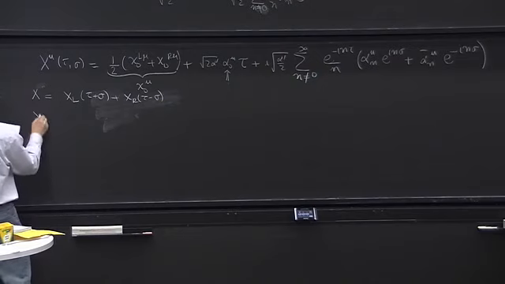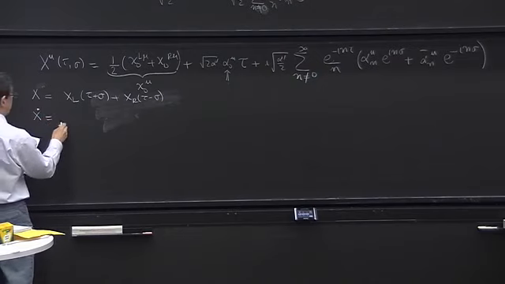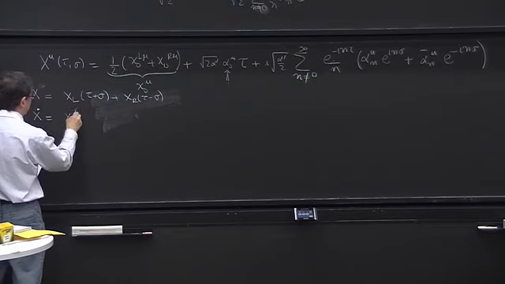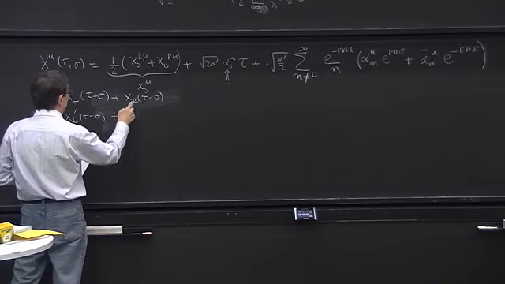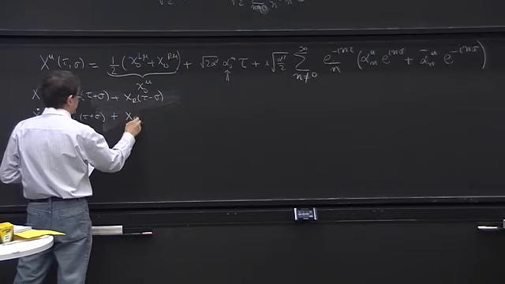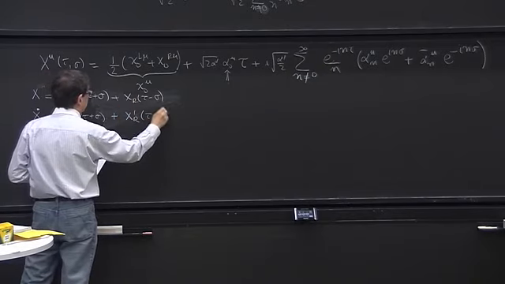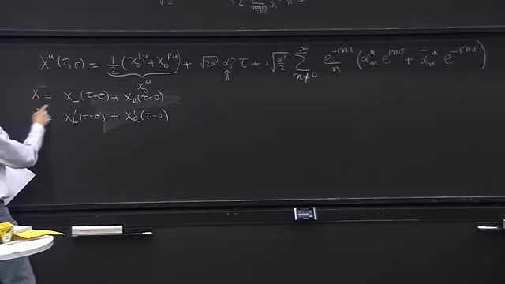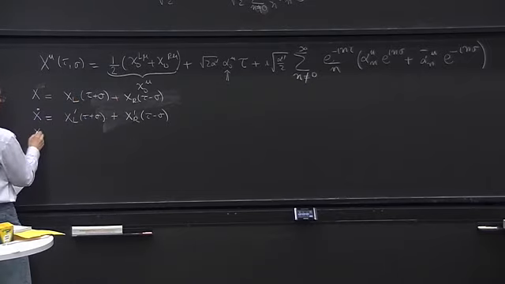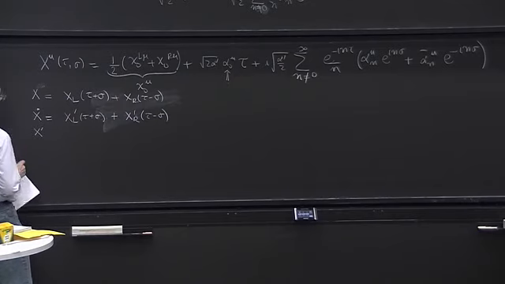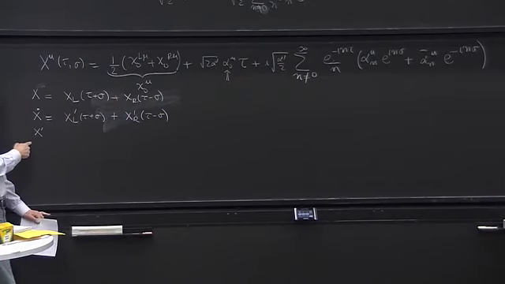So what is x dot? X dot is x left prime of tau plus sigma plus x right prime of tau minus sigma. You're differentiating with respect to tau, so the prime derivatives are the things that fall. What is x prime? Now, small confusion. In the left-hand side, this x prime means the derivative of x with respect to sigma.